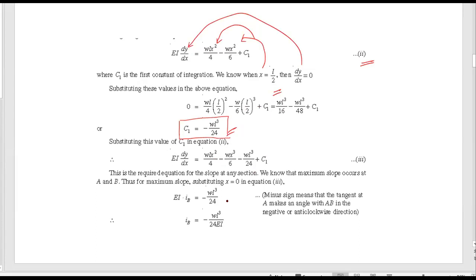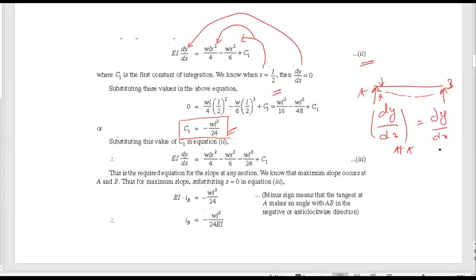Now I need to find the slope at A and at B. If I consider a simply supported beam, there will be a slope at A and at B. So I need to find dy by dx at A, which is also equal to dy by dx at B. Substituting x equal to 0, we can find dy by dx.